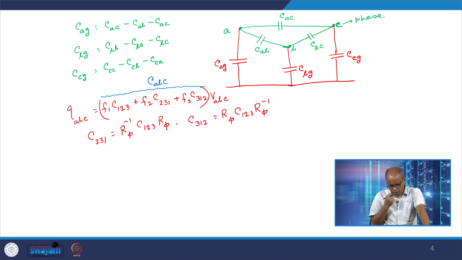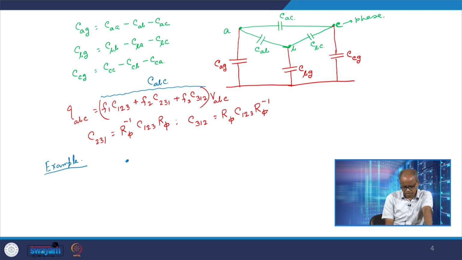Okay. Now let us look at one numerical example. We consider one three-phase line. Please note that we are only talking about a three-phase line. So phase A, phase B, phase C, and the distance between them is 14 feet.